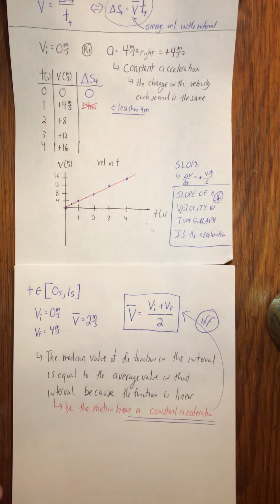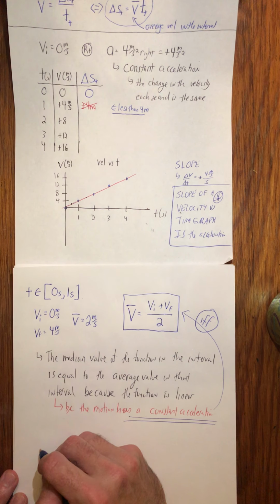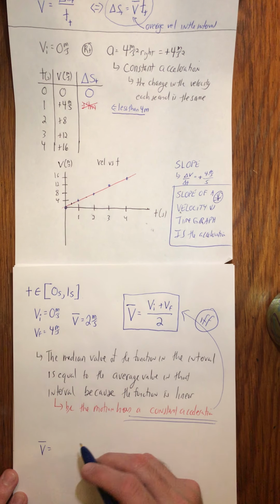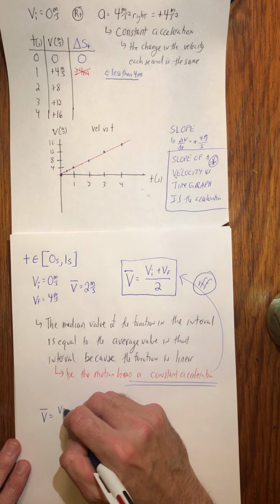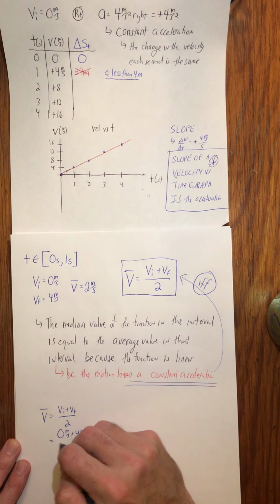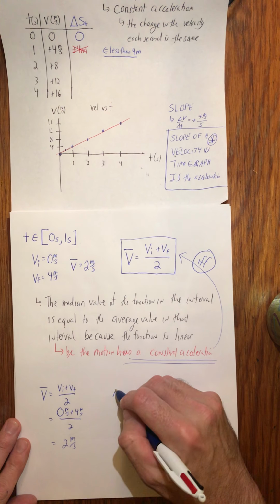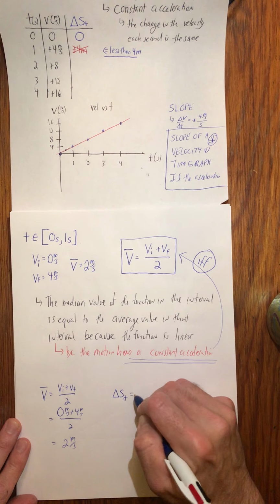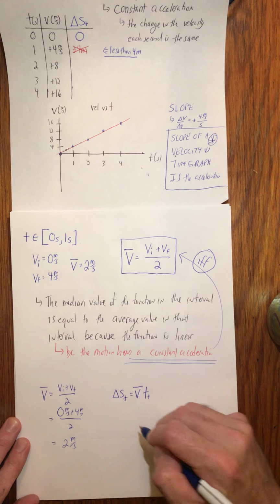There you go. So that's how we're going to do this problem then, is we're going to use the notion of average value. Because if we look here, I can then do the problem properly. I can say that the average value in that region is the initial value plus the final value divided by 2. And then I can plug in for this interval 0 meters per second plus 4 meters per second over 2 to get 2 meters per second. And then I can come over here and say, well, then the displacement is the average value of the velocity in that interval times the time of the interval.